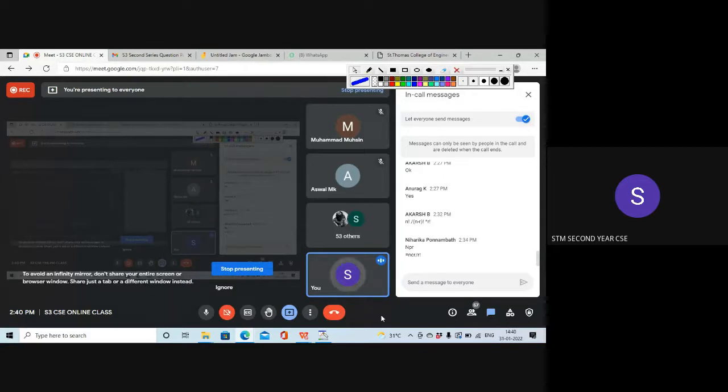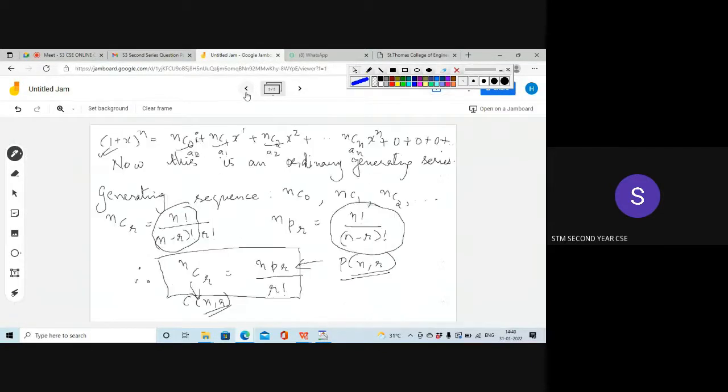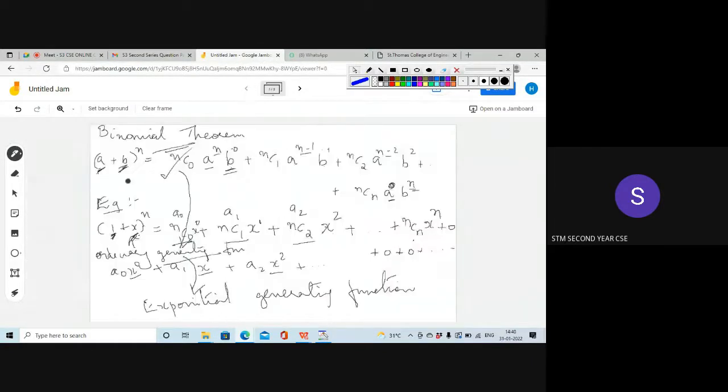So what did we do here? We had the binomial theorem, and from that binomial series, we took (1 plus x) the whole raised to n, and we found that this can be converted to an ordinary generating function.